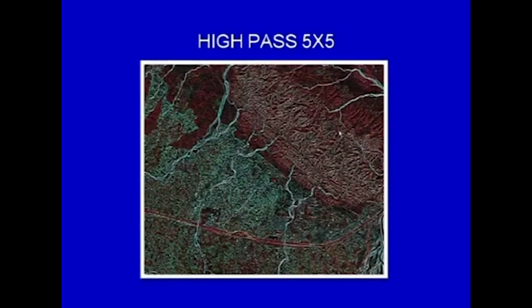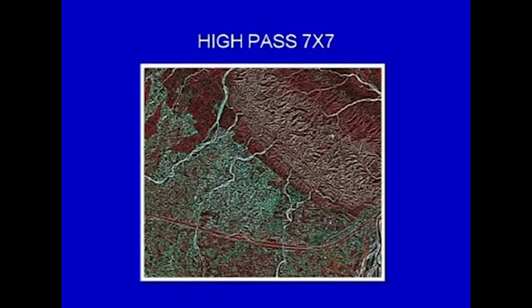When this window size is increased to 5 by 5, all the edges which were seen in this particular image now tend to have a sharp definition of the boundaries. However, in between the edges, the filling up has been ignored, or you can say it has been de-emphasized.